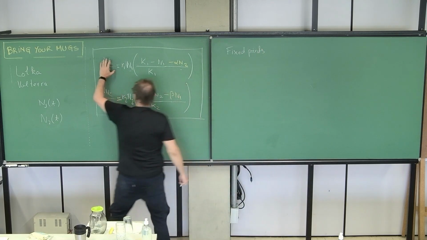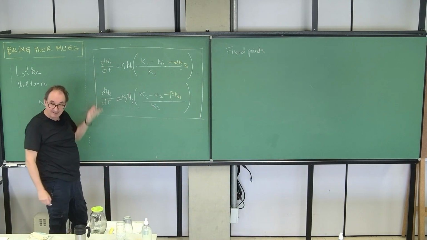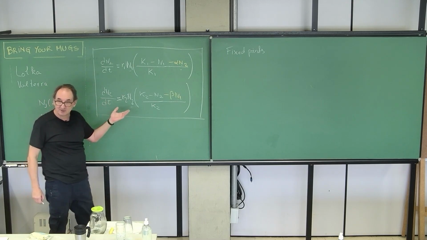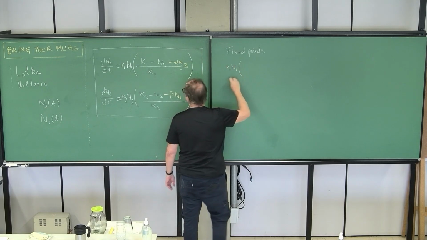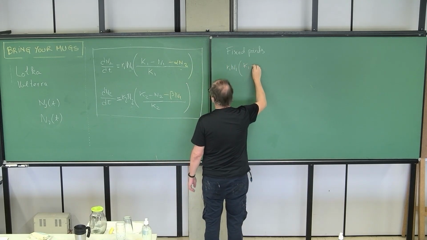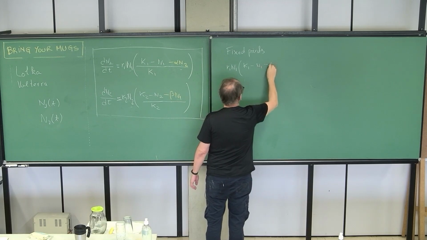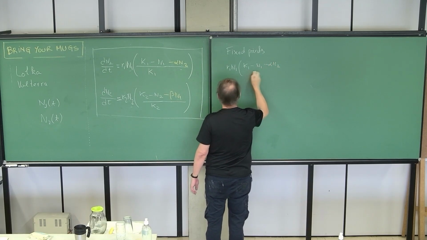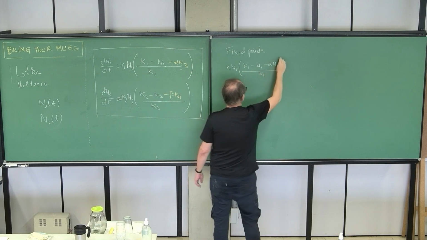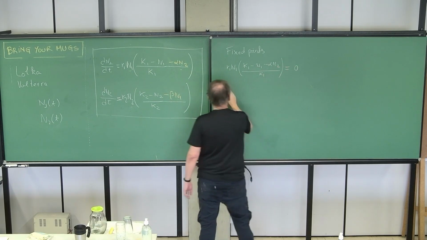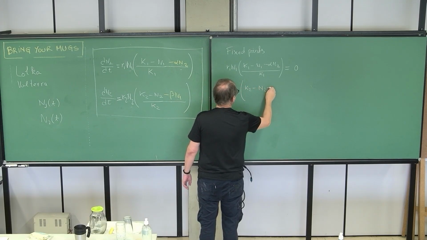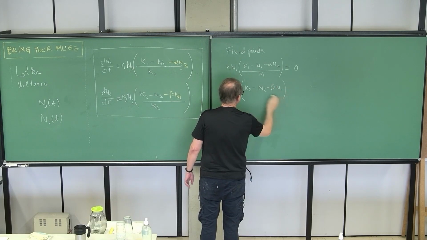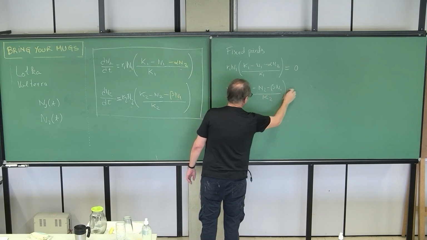If this is 0 and this is 0, because we are supposing that at the fixed point they don't change, then you have R1 N1 times (K1 minus N1 minus alpha N2) divided by K1 equal to 0, and R2 N2 times (K2 minus N2 minus beta N1) divided by K2 equal to 0.